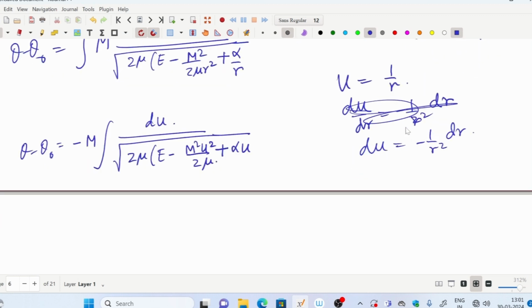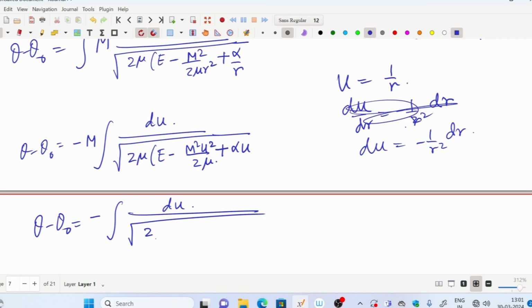Let us make the m also inside. The minus will of course be there. So du, I think this is straightforward mathematics, you can follow. The first term under the square root will be 2 mu E by m square, because I am taking the m into the denominator. So it will be 1 over m square, okay.